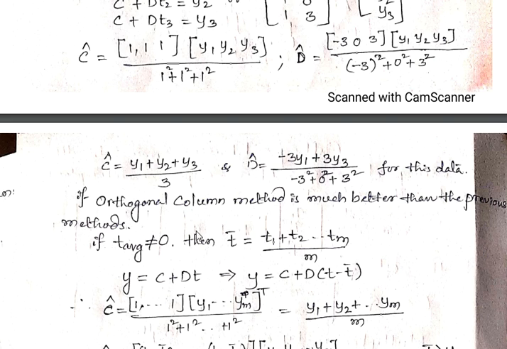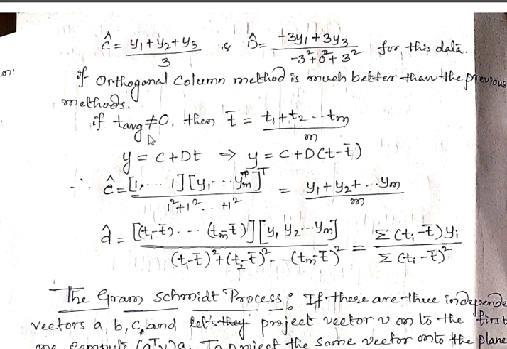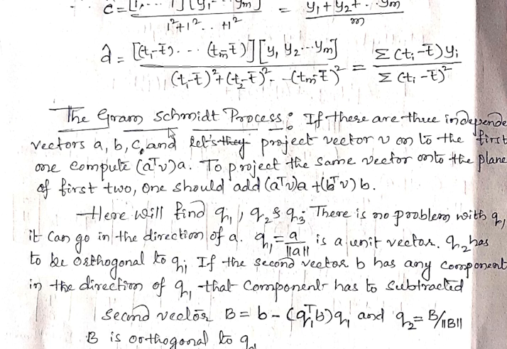Even if T average means finding the values of the coefficients by different methods, the orthogonal column method is the best one in prediction. If T average is not equal to 0, then in those cases it would be just C cap and D cap that have been revised in this method.